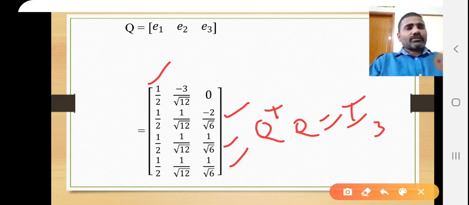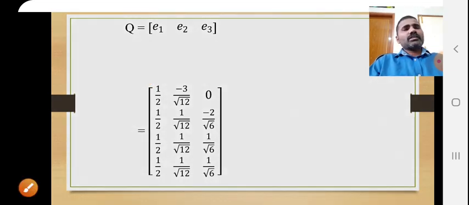Here we consider only that Q is a matrix whose columns are orthonormal, which forms a basis for the columns of A. Is it clear now? It is not an orthogonal matrix, its columns are orthonormal. Only Q transpose Q becomes I3, not Q into Q transpose. Okay, now it is clear. This is the matrix Q.